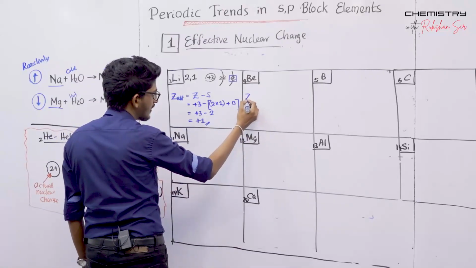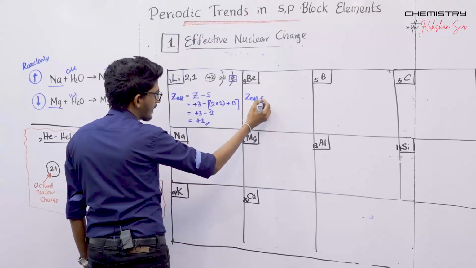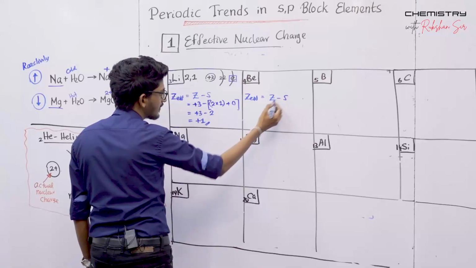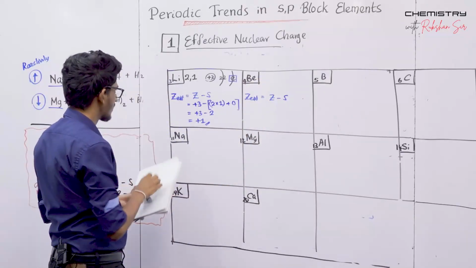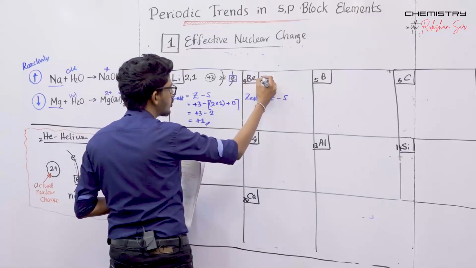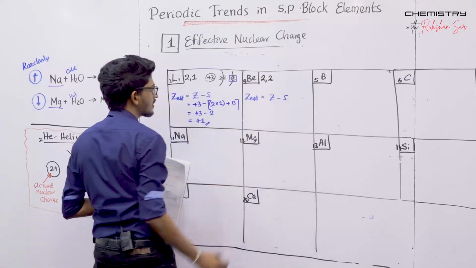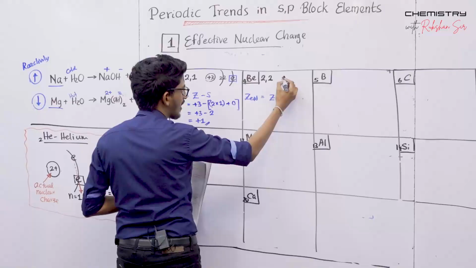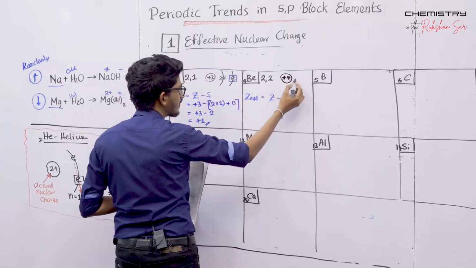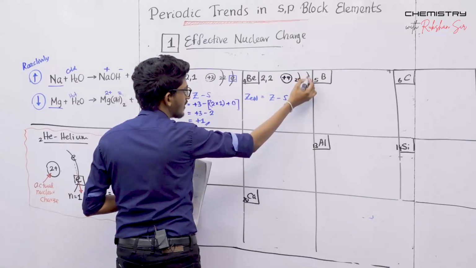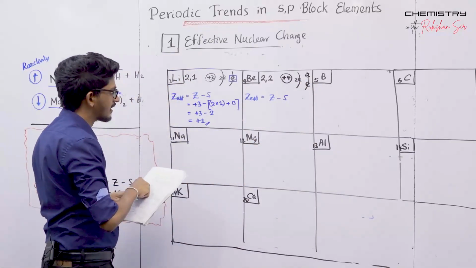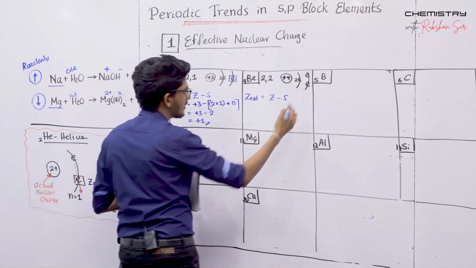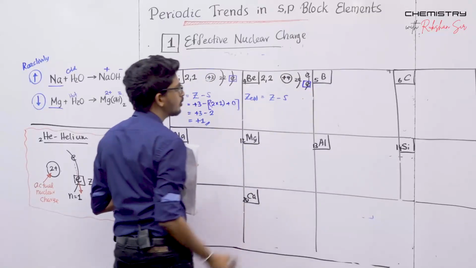Beryllium. This thing is Z minus S. Beryllium has a 2-2 configuration. That means you have +4 at the nucleus, 2 electrons in the inner shell, and at your valence shell you have 2 electrons now.